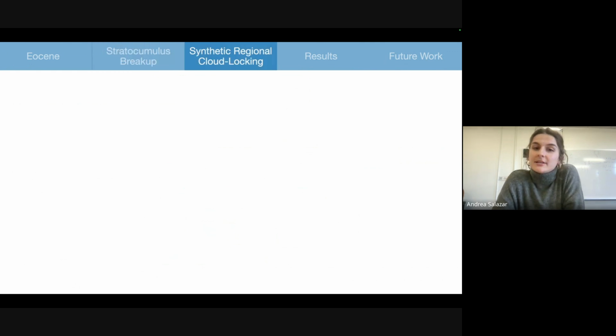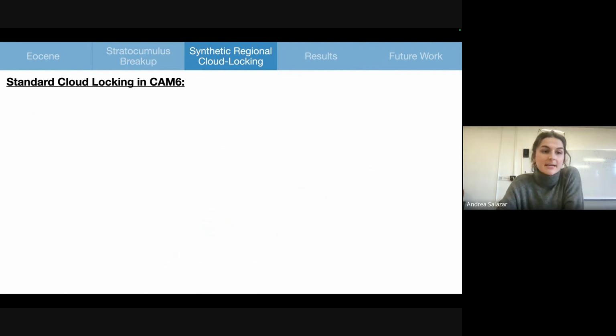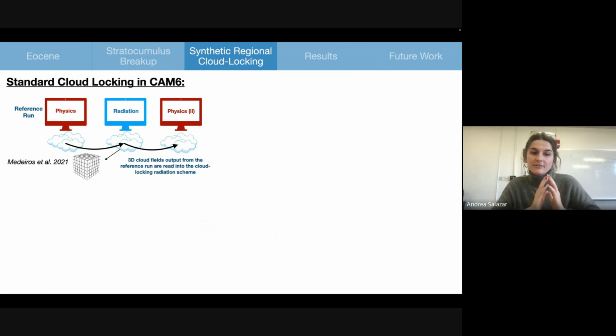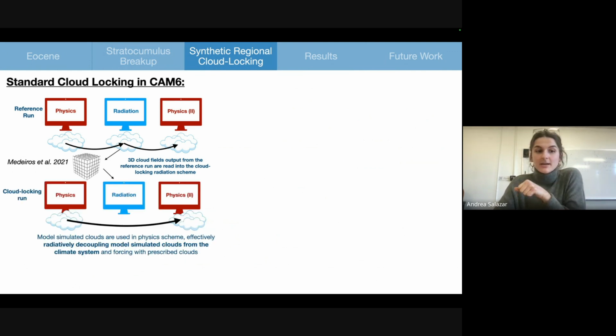So the way that we're going to do this is by using cloud locking in CESM2. So the way that cloud locking typically works in CAM6 is you perform a reference run where you allow the model to make the clouds. These clouds are then passed to the radiation scheme where their radiative effects on the climate are calculated. And then you output these three-dimensional cloud fields and save them so that when you perform your cloud locking run, you still allow the model to make the clouds.